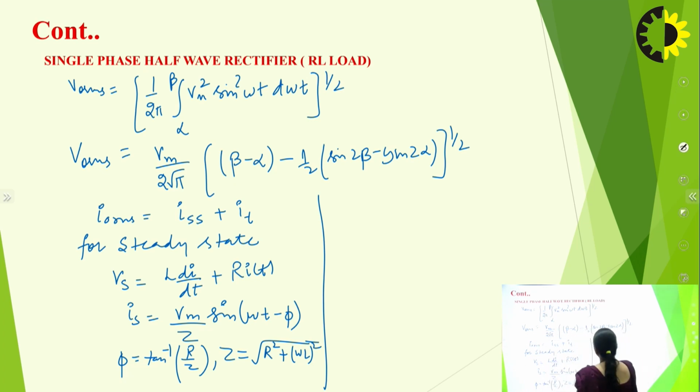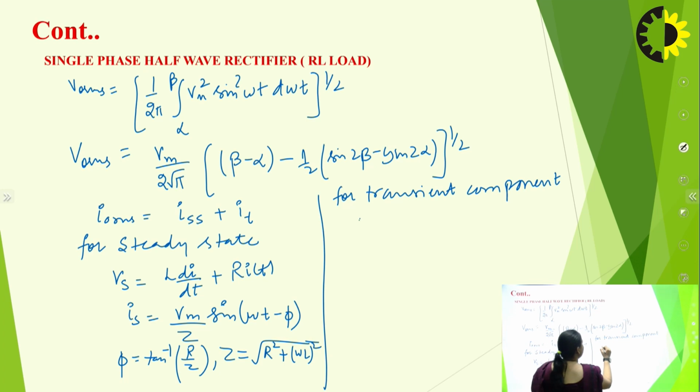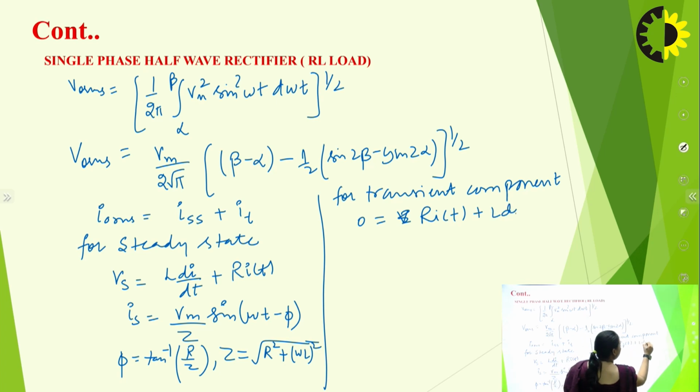And for the transient component, we have the equation Vs equal to 0, that is R i t plus L di by dt.